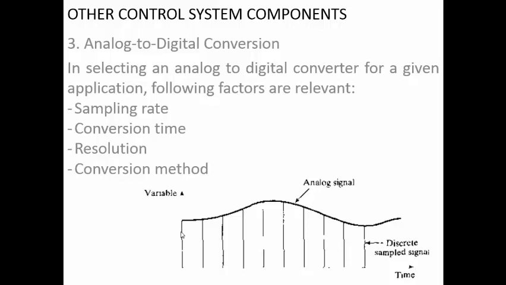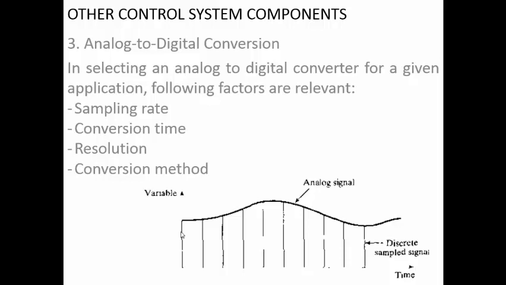Now if the value to be converted is more than the reference value, then the bit value will be 1. The difference of the two values will be taken forward to the next step. The reference value will be further divided by 2. Again the comparison will be made.